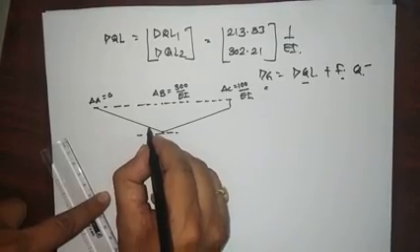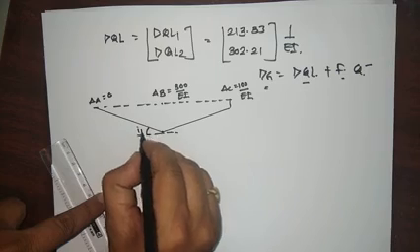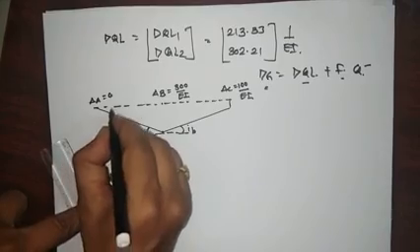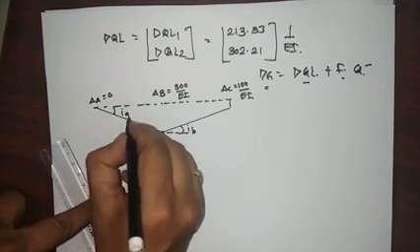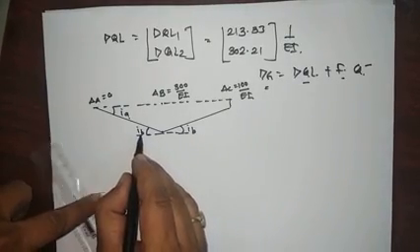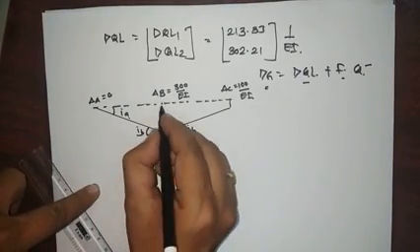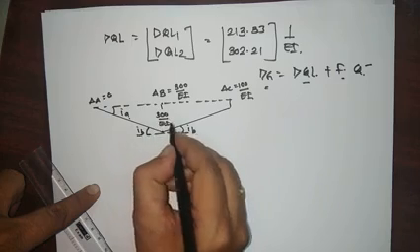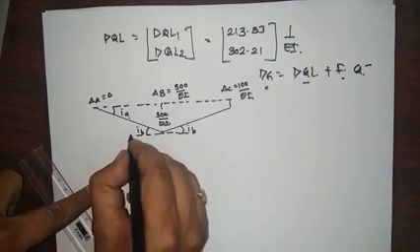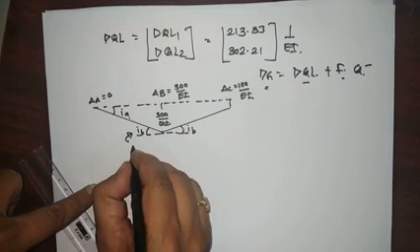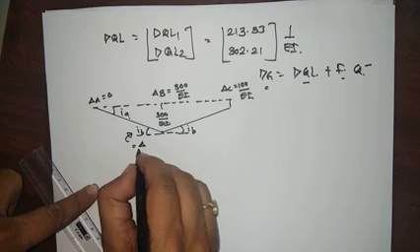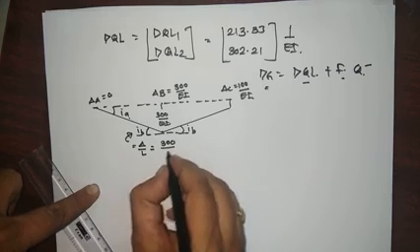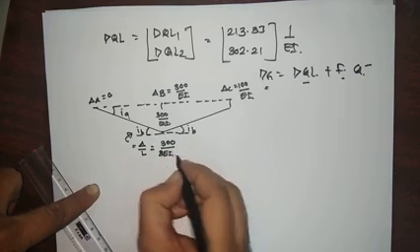So here is the rotation at A and this is at B. So now this is 300 divided by EI. So this value is delta by L, that is 300 divided by 80.